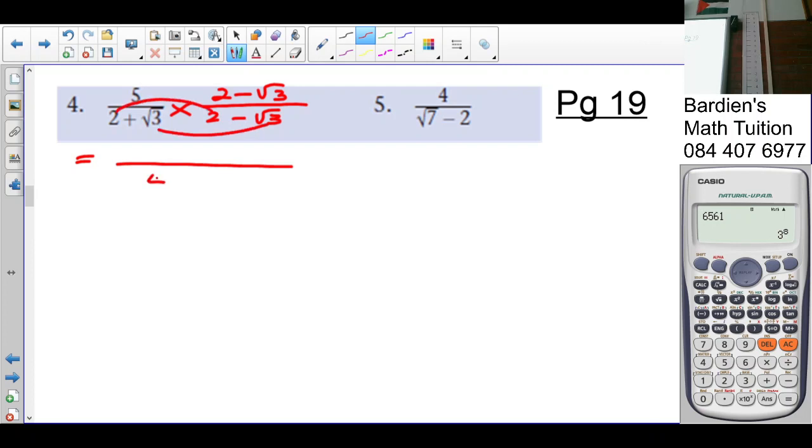So that's going to give you 4 minus root 3 times root 3, which is 3. 5 into 2 minus root 3. You see the issue is now sorted in the denominator. So 4 minus 3 is? 1. And we can multiply that out there. So it's going to give you 10 minus 5 root 3 over 1, which is exactly that. You understand?